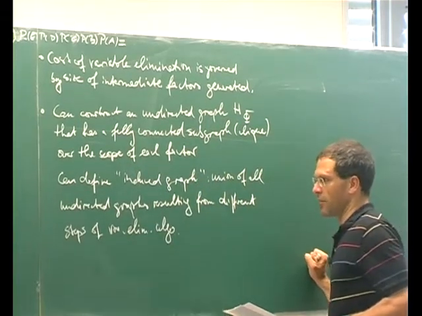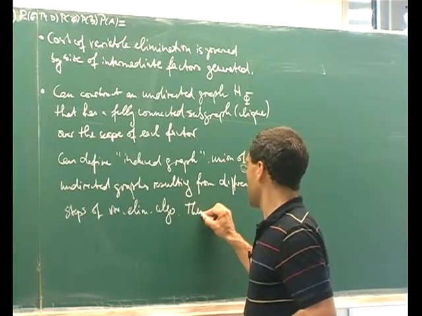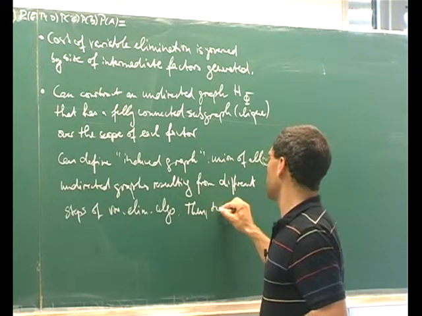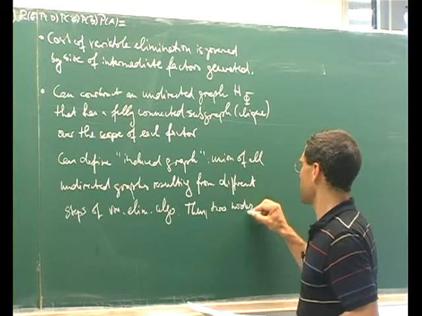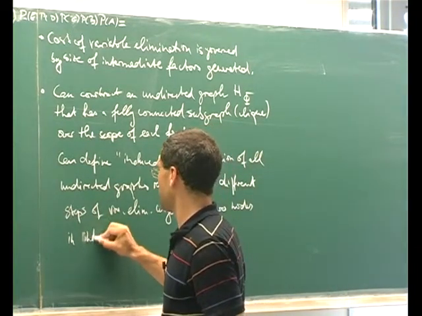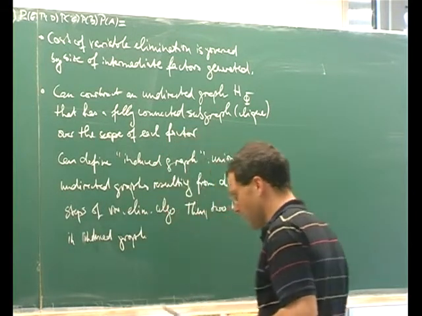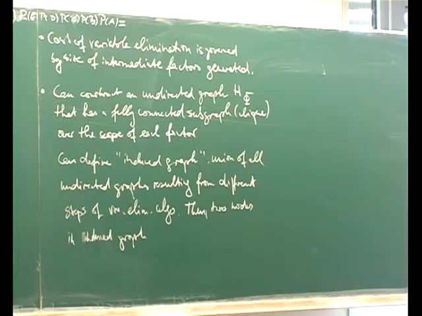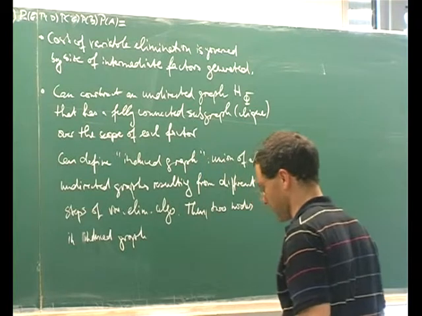And in this induced graph, two variables are connected by an edge if they both appear, if both these corresponding variables appear in one of the intermediate factors that were generated in the variable elimination.